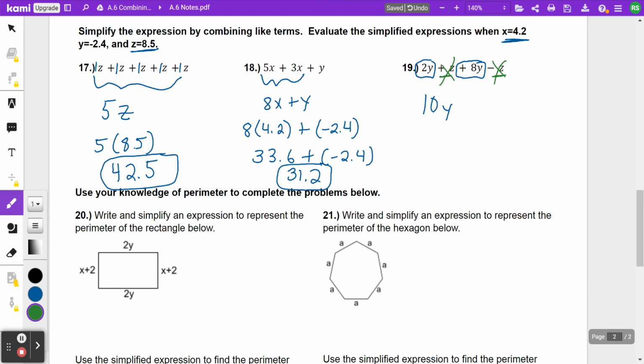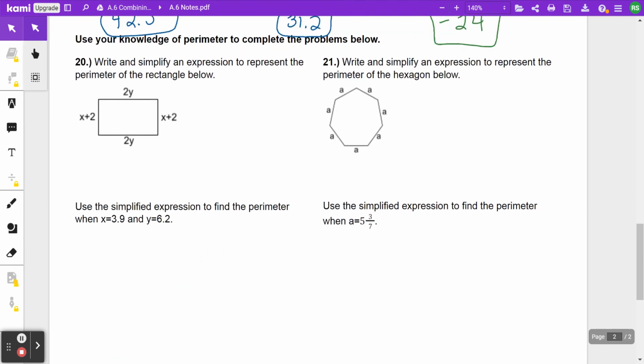So all we have to do is 10 times negative 2.4, which should give us negative 24. By looking to simplify those expressions, we can make our math work a little bit easier on us.